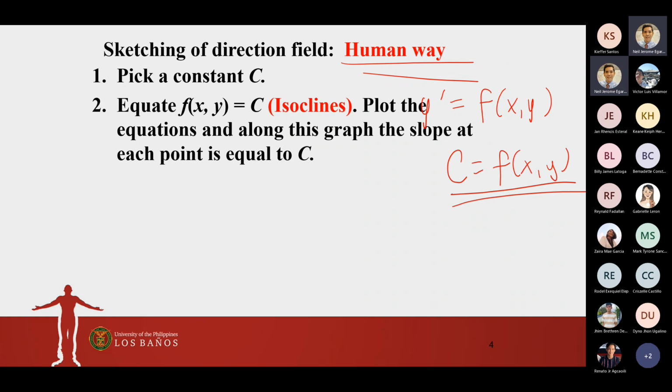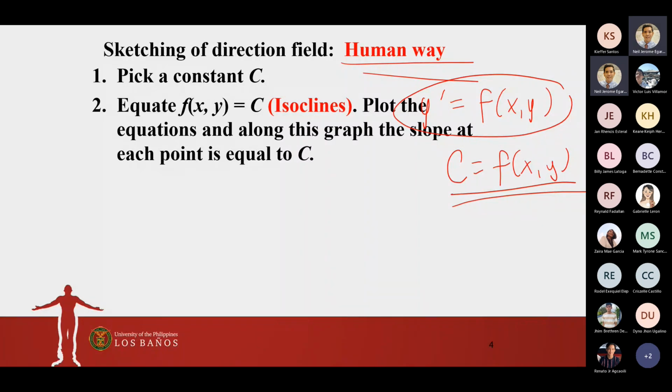Right? So ibig sabihin, papalitan ko lamang yung si y prime by c. Nagsimula ako sa y prime equals f of xy. I will pick a constant that will replace y prime. But I'll just remember that this c is basically the slope. So ngayon, hinahanap ko saan yung mga points na ang slope ay equal dun sa napili ko na c.